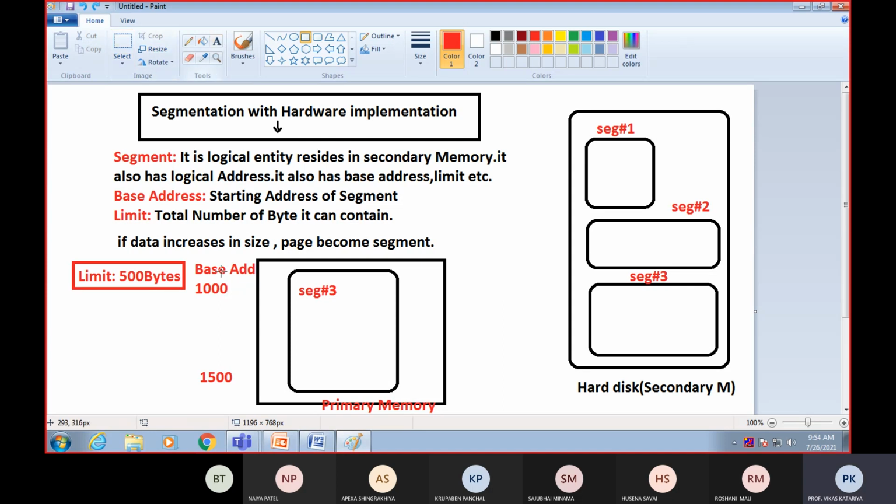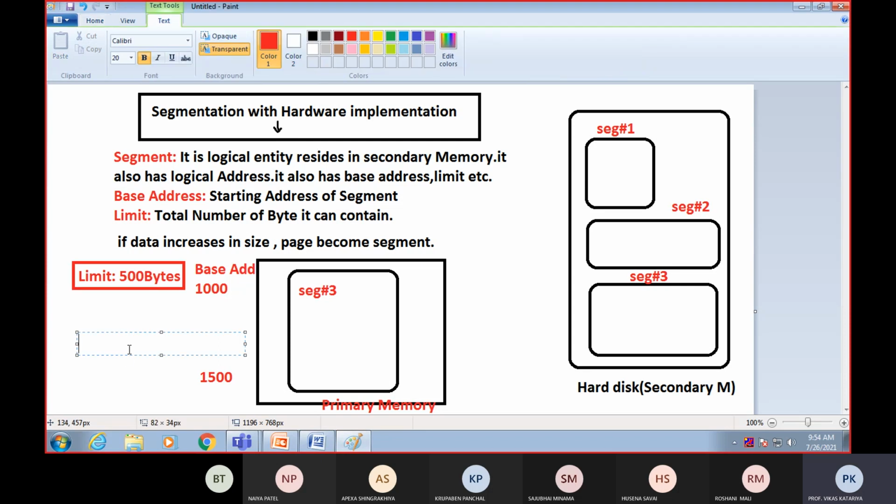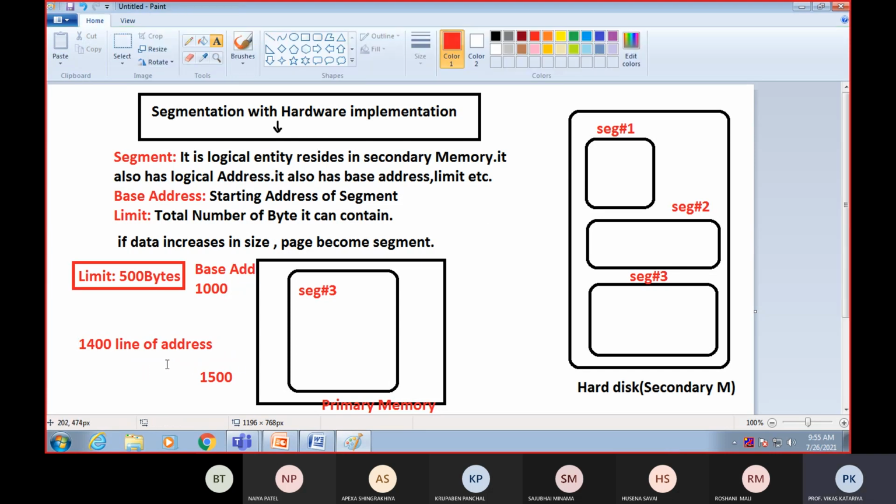Now suppose you want to generate an address for a line number between 1000 and 1500, let's suppose 1400. For this line we want to translate the logical address to a physical address. So let's check whether it is possible or not. Segment number 3 lies between 1000 and 1500, and the line at 1400 resides between 1000 and 1500. So in this case the operating system will not trap; it is able to translate the logical address to a physical address.